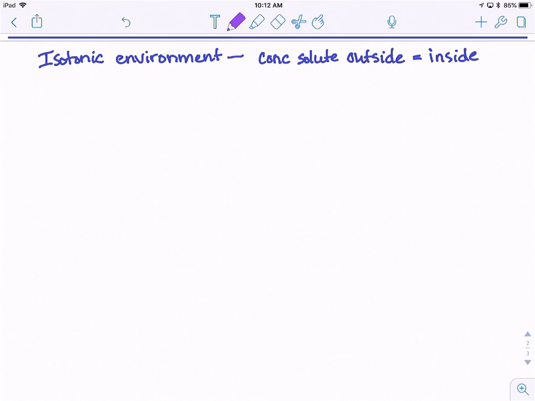So once again, we're going to grab a brand new cell since we broke that one.